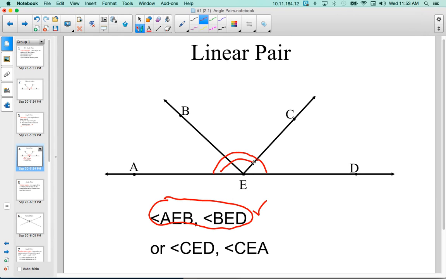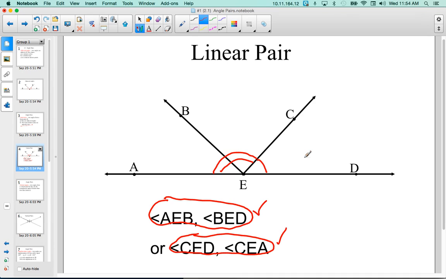Well, they share a side, share a vertex, and no interior points are shared. Yep, they're definitely adjacent. And the rays that aren't shared are opposite one another, making opposite rays. Yep, that is also satisfied, so that is a linear pair.